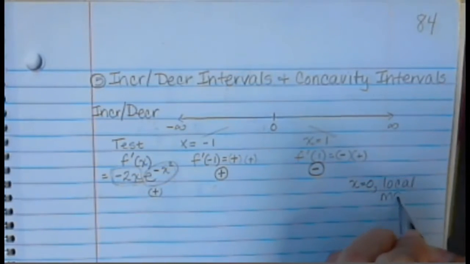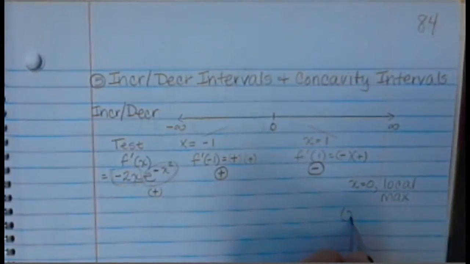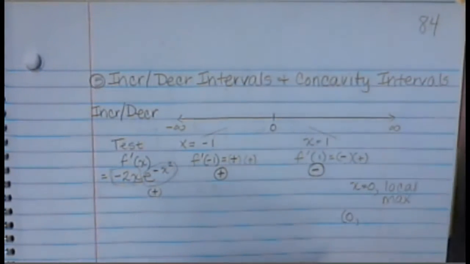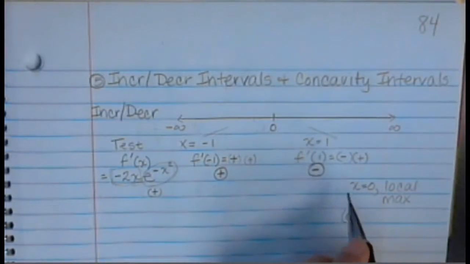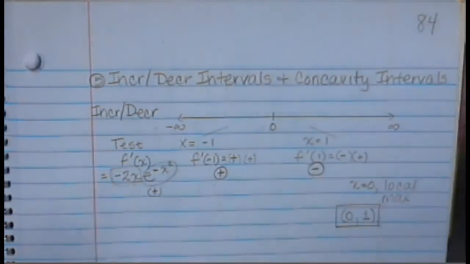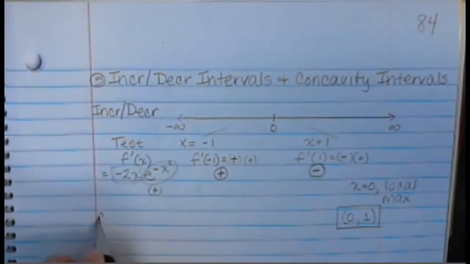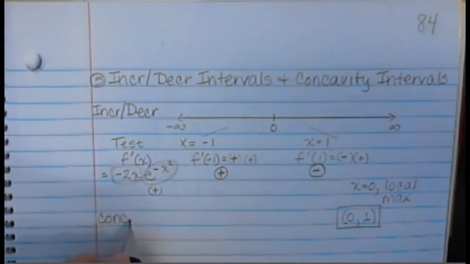You can actually find the value of that point by plugging 0 into f. When I plug 0 into f, I get e to the 0 power, which is 1. So this is our local max. And I'm going to make sure I box that in and use it in my graph in a few. Alright, so let's go think about concavity intervals.